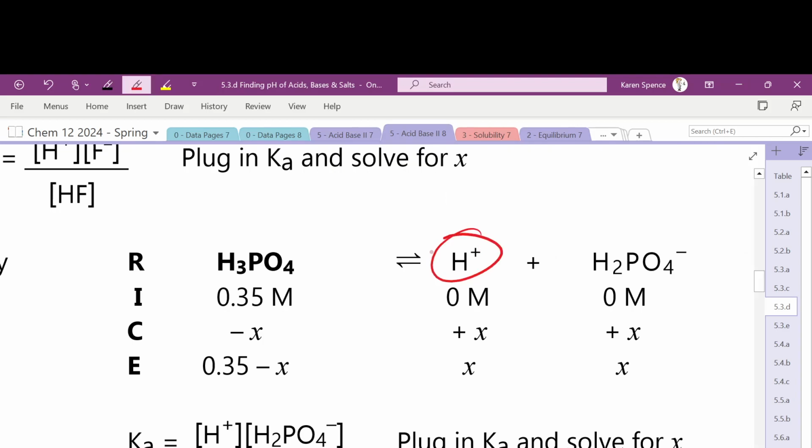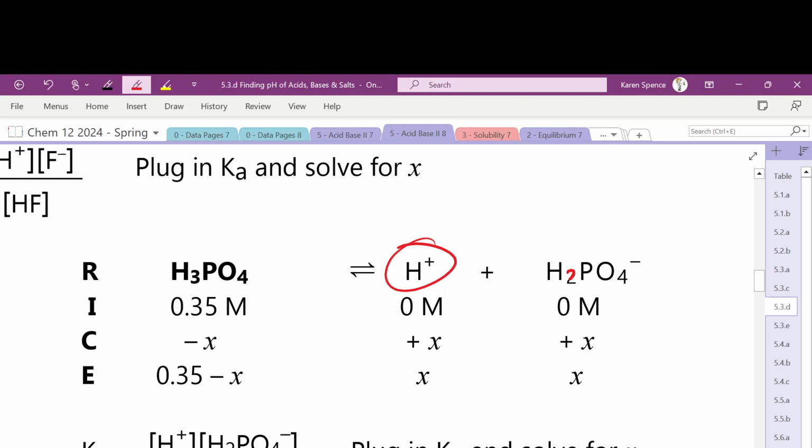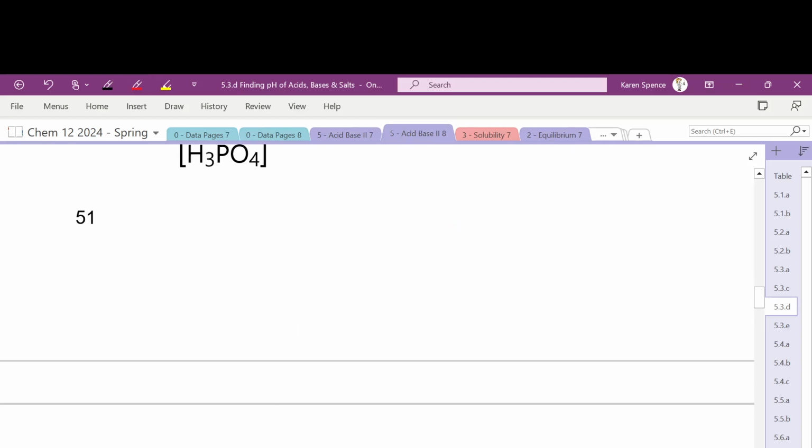Just remember, you only take off the one proton, so you're left with two of the protons still on the H2PO4-. Solve. So those are your acids. If it's strong, use stoichiometry. Oh, look, strong and stoichiometry both start with st. Things I'm learning 35 years later. So exciting. Okay.